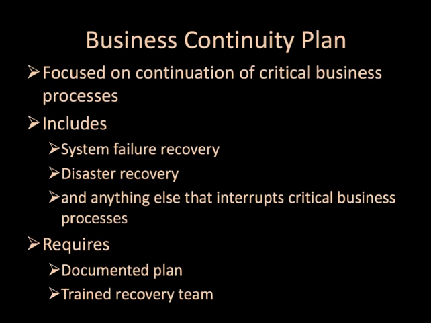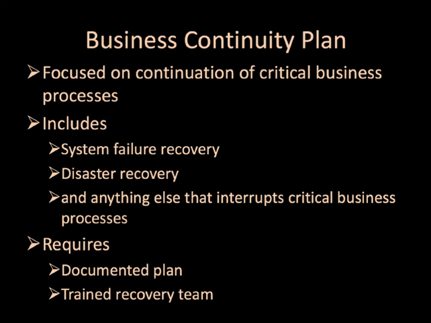Business continuity planning helps us keep systems running so we can process and deliver information when and where needed. We start planning by identifying all critical business processes and the infrastructure and software that supports them. For each process, we look at our ability to recover from failure of a system component, recovery from a catastrophic event, or anything else that might cause an interruption.